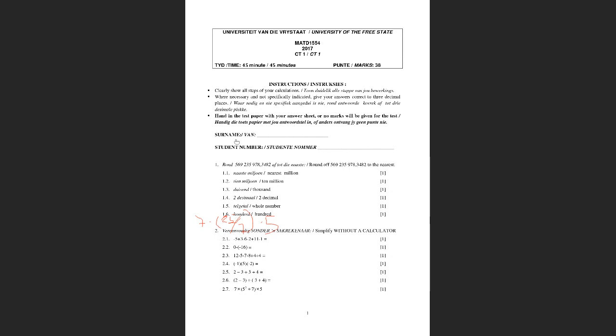Yes, Sandy. Please, once you put your hand up, speak. So what is that sign between the 5 squared and 7? It's a division.